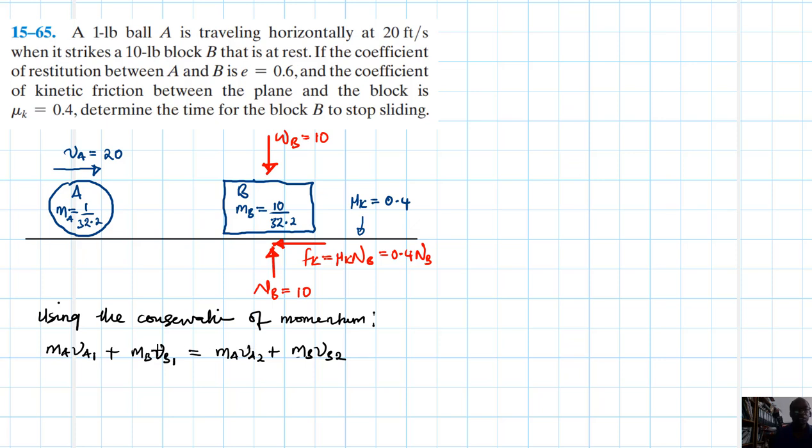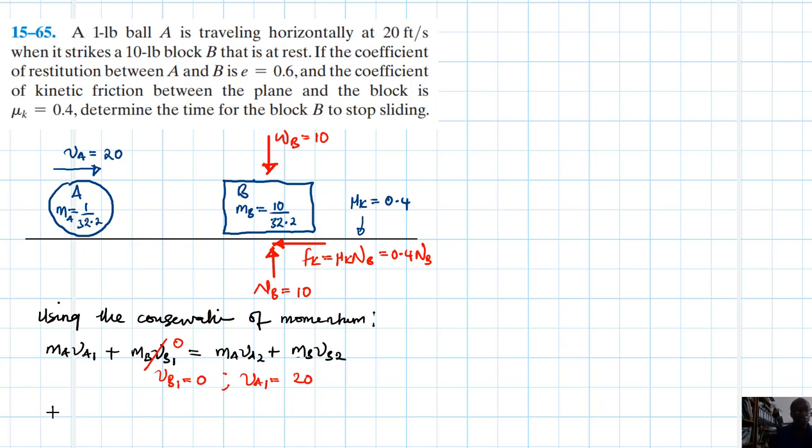But VB1 is equal to 0 because the block is initially at rest, and our VA1 in this case is 20.